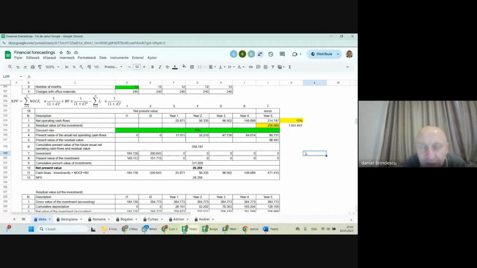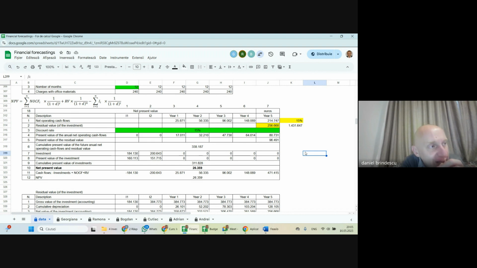Now, we can debate many things here, including how we find out what the rate of return is for the relevant investments, whether it's state bonds or whether we can find investments in the same field with comparable risks.